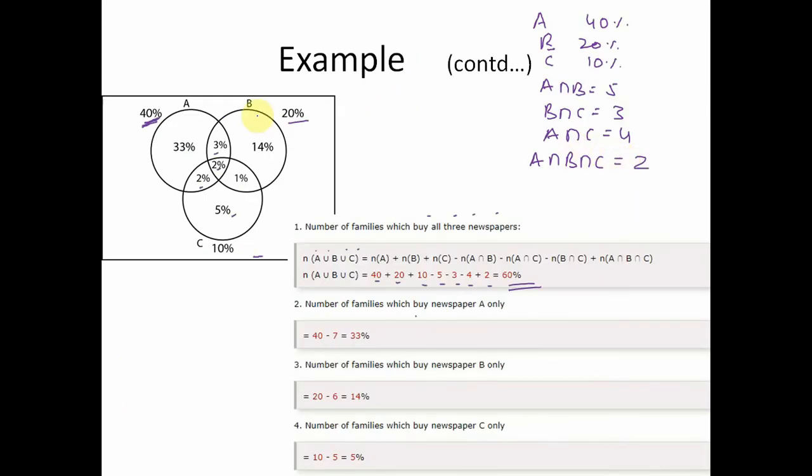Now see over here, the share of A is 40%, share of B is 20%, share of C is 10%. That means this 40% is this entire circle. Similarly, B, the 20%, is this circle, and for C, the 10% is this circle, this complete circle.